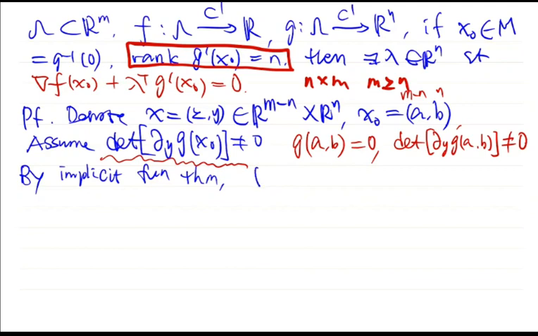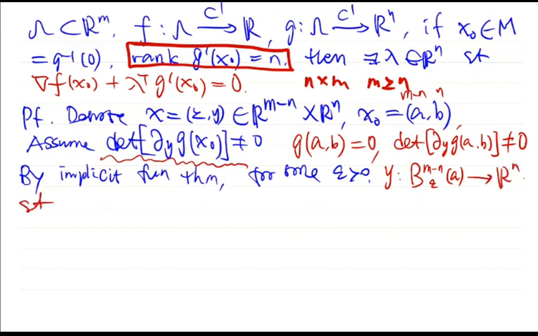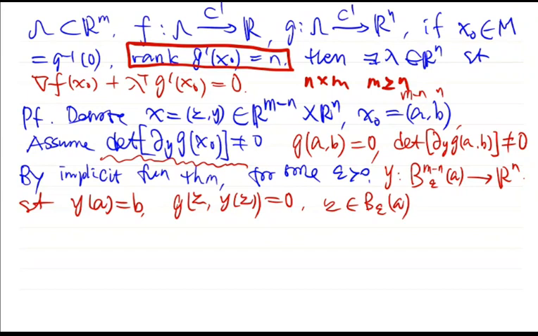For some epsilon positive, we have a function y defined in the epsilon neighborhood of a, such that y(a) is b and G(z, y(z)) is 0 for any z in the epsilon neighborhood of a.